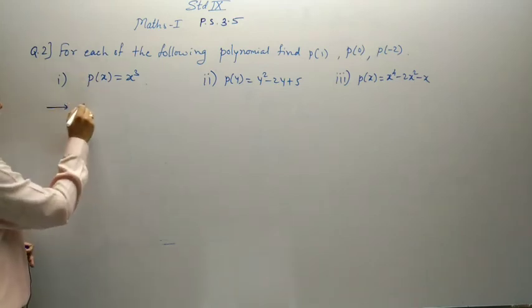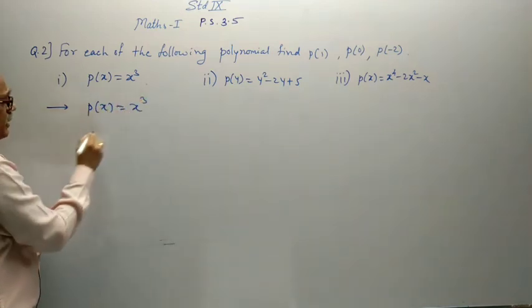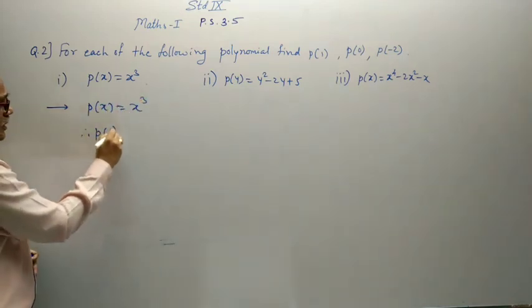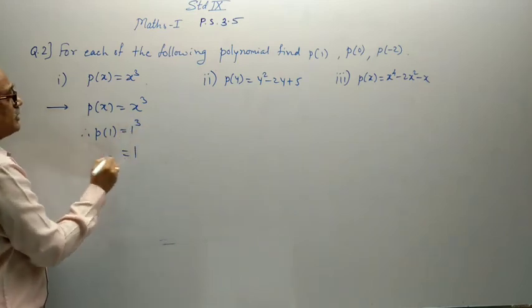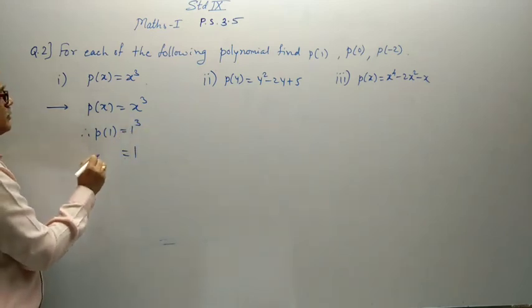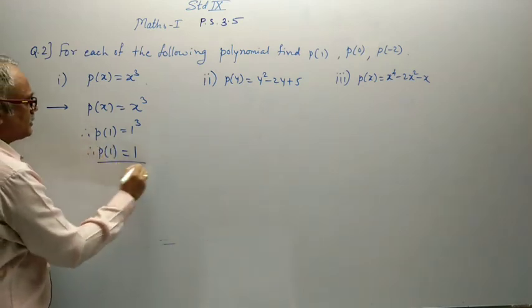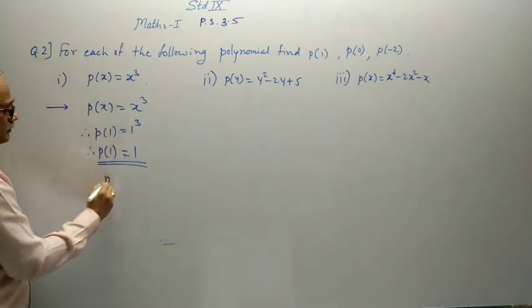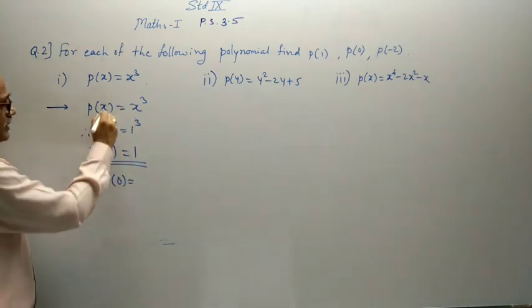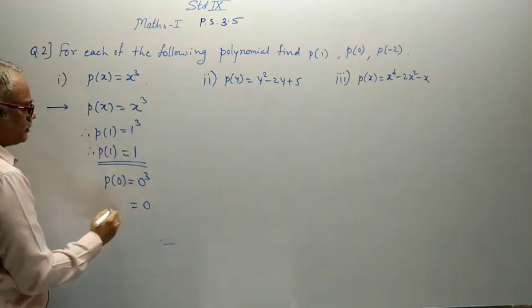So first question, first part, p of x is x cube. Therefore, p of 1 is 1 cube. 1 cube is 1. So out of 9, the first answer is 1. P of 0, in place of x write 0, is 0 cube, and 0 cube is 0.